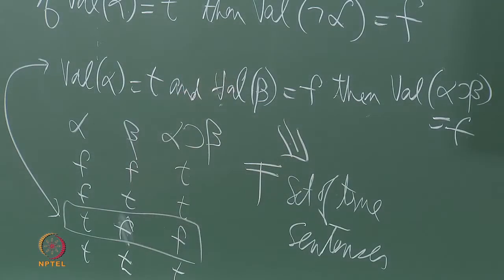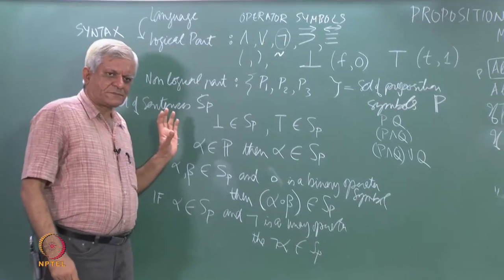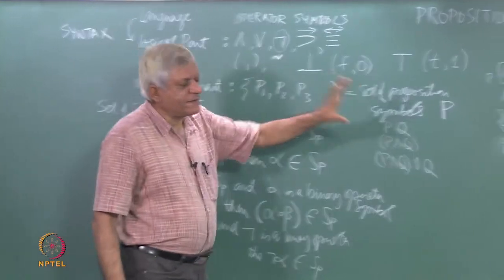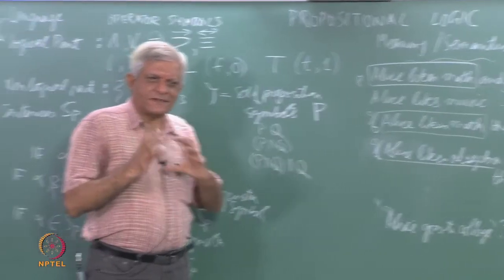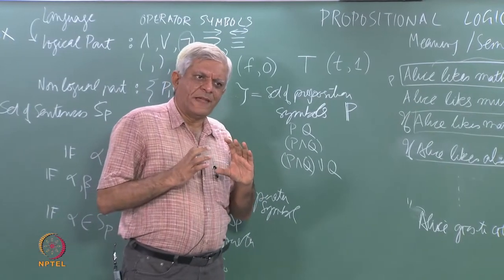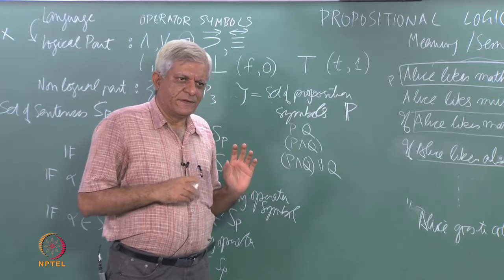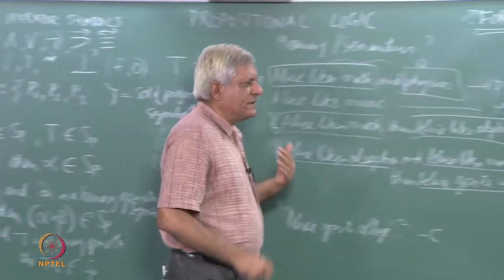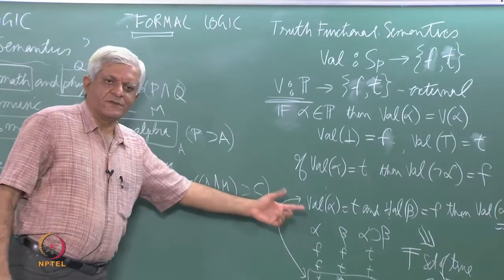So, of all the sentences which I can construct in my language, the semantics tells me which are true and which are false, but I want alternate ways of reaching those sentences.